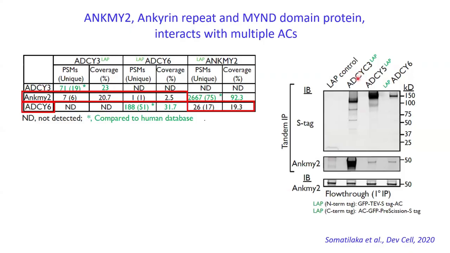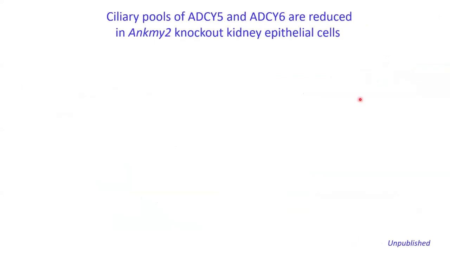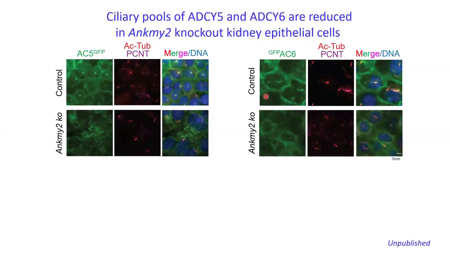So what is ANKMY2? It is an ankyrin repeat and zinc finger MYND domain containing protein. It is a predominantly cytosolic protein. So what kind of mechanism is happening between ANKMY2 and these ACs? From this slide, it is unpublished data. We first used IMCD3 cells, and in these cells, we overexpressed GFP-tagged AC5 or AC6.